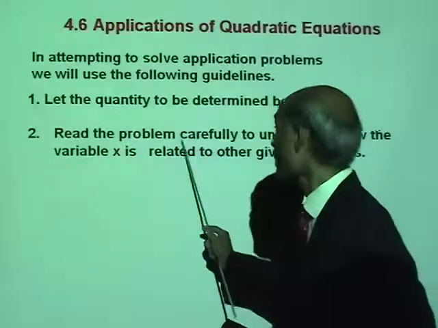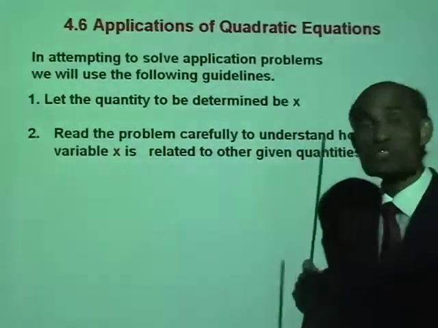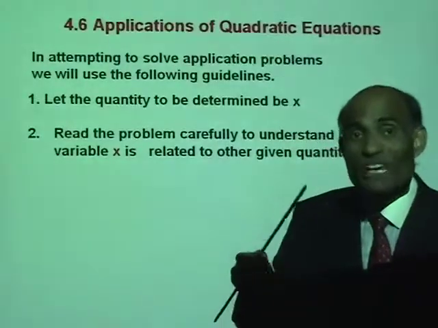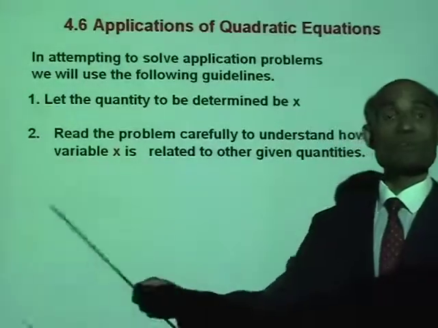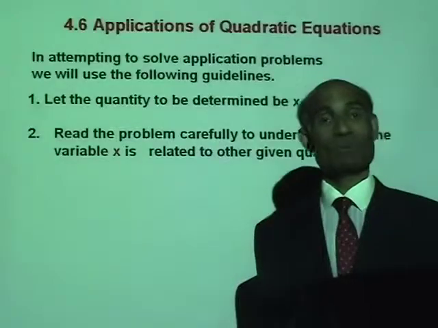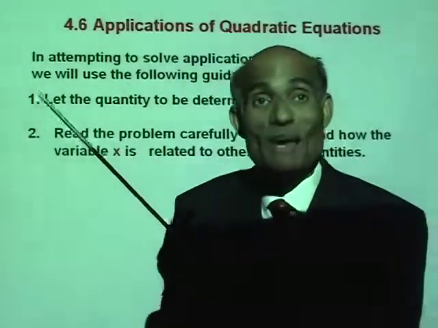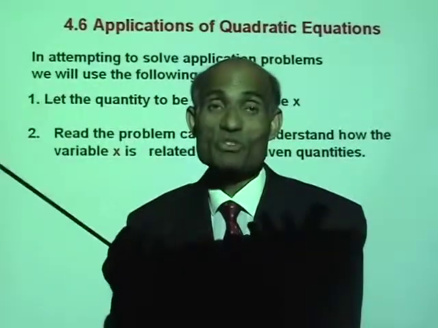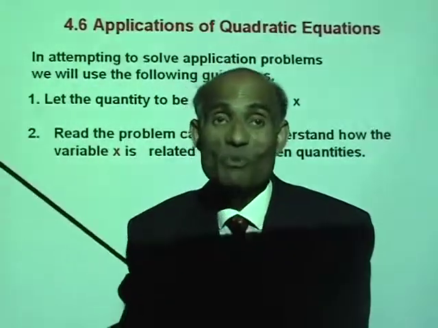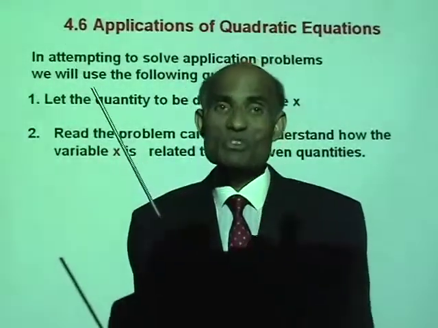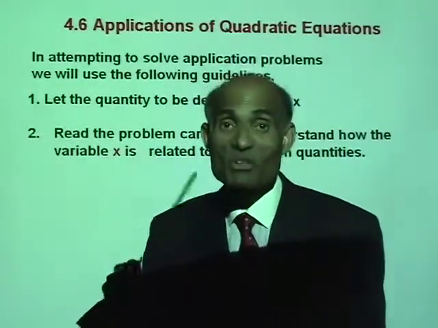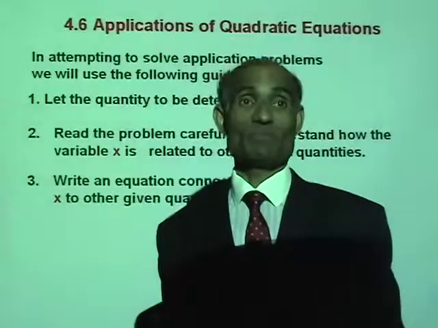Now, read the problem carefully to understand how that variable x is related to other given quantities in the problem. Because you need to form an equation. An equation is a relationship. So you really need to read the problem carefully and understand the relationship of that variable with the other things given in the problem.